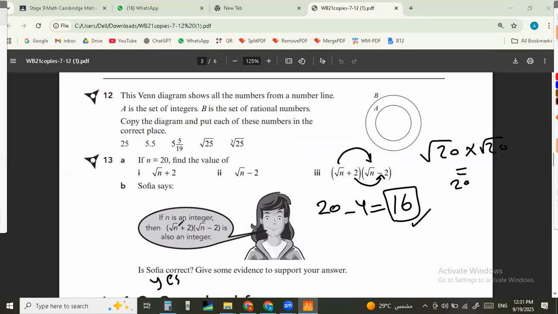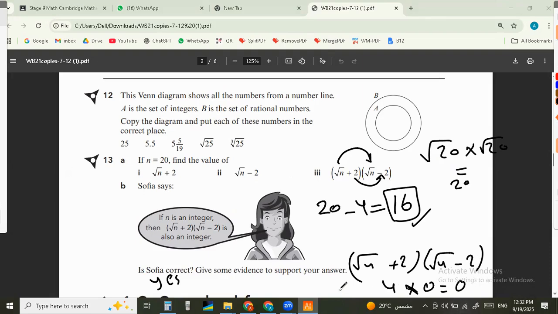You put, let's put a square root of 4. For example, square root of 4 plus 2 times square root of 4 minus 2. Square root of 4 is 2, plus 2 is 4, times square root of 4, which is 2, minus 2 is 0. Well, it gave me 0, mister. This is just our luck. It gives us 0 over here.